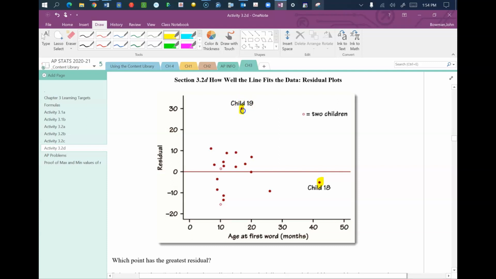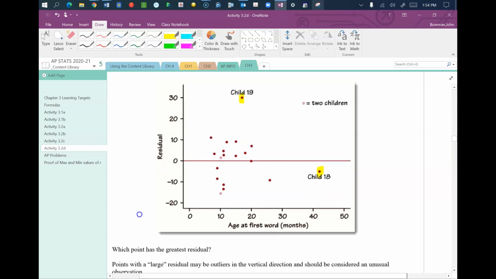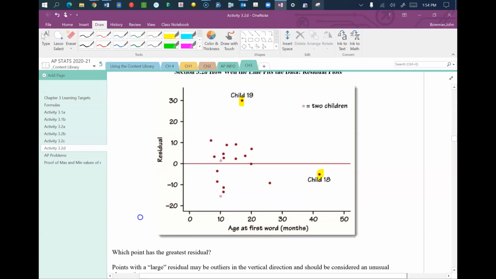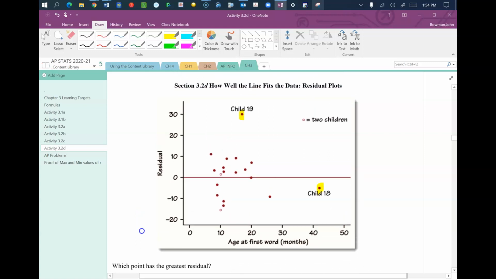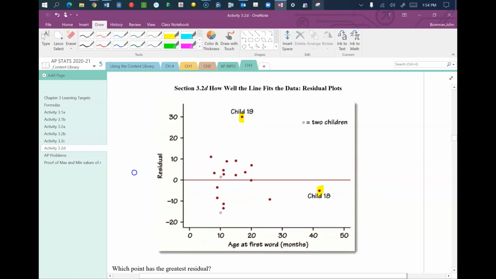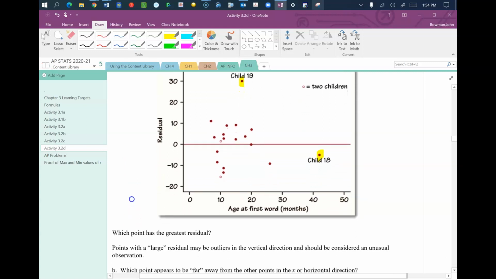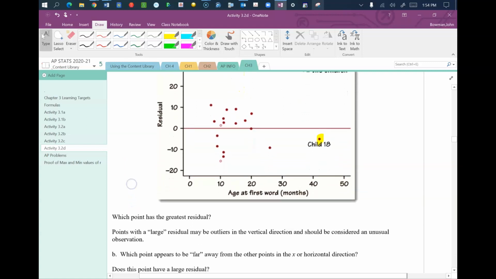Child 19, on the other hand, has a relatively large residual. And you can also see that child 18 is an outlier in age at first word and not in terms of the residual. Child 19 is an outlier in terms of the residual, meaning their adaptive score was much higher than most of the other students.